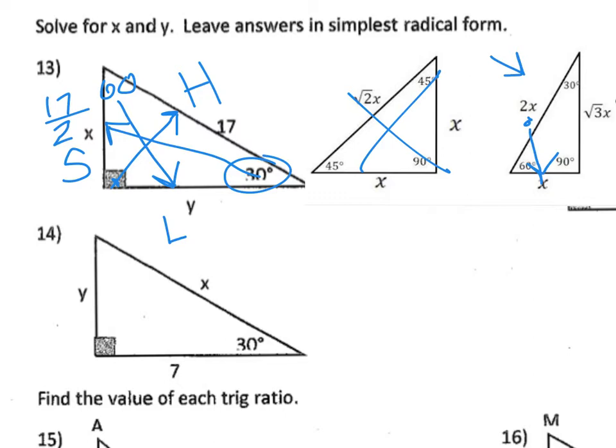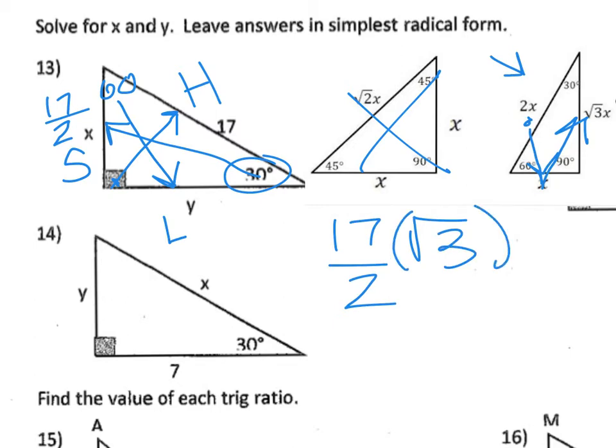And so from there, we can go from short leg to long leg. So let's take a look at our rules. So to go from short leg to long leg, we know we're going to multiply by something because we're going to something larger. So in order to go from a short leg to a long leg, we're going to multiply it by radical 3. So far, we have 17 over 2 times radical 3.